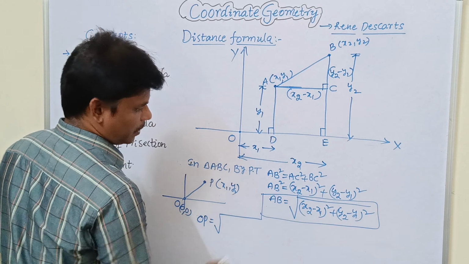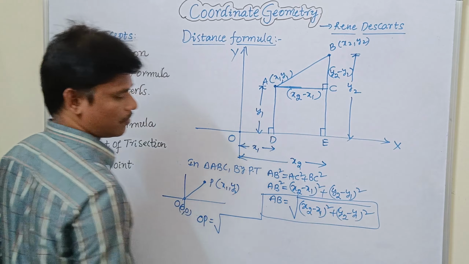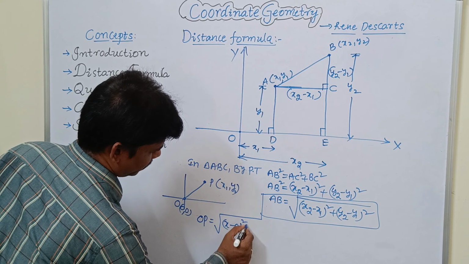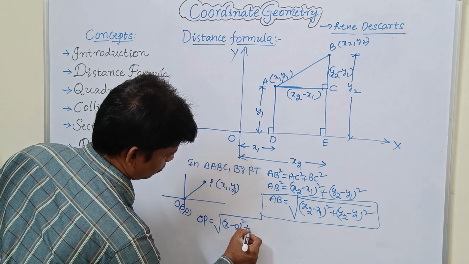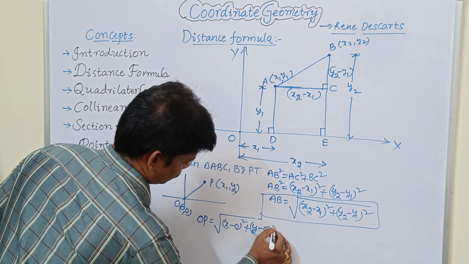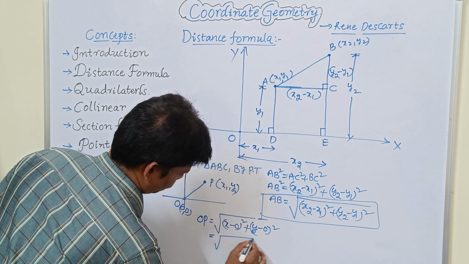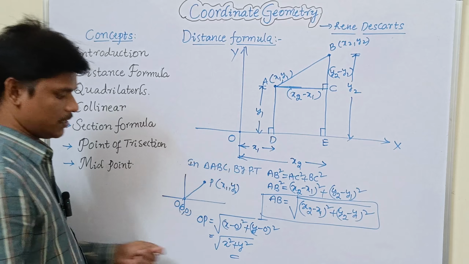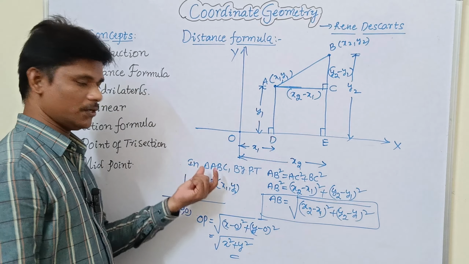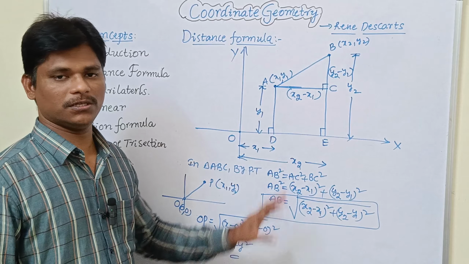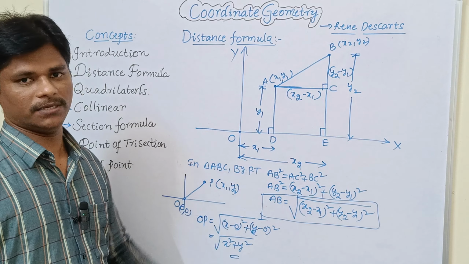Square root of (x2 minus x1) whole square plus (y2 minus y1) whole square. So x minus 0 whole square plus y minus 0 whole square, which is equal to the square root of x square plus y square. This is the distance from the origin to a point. If you take any 2 points, using this formula is very easy.